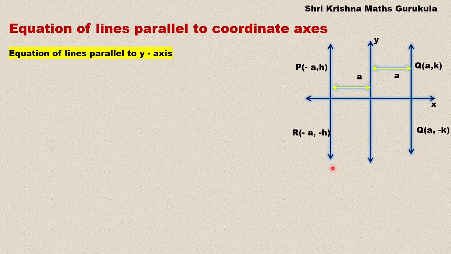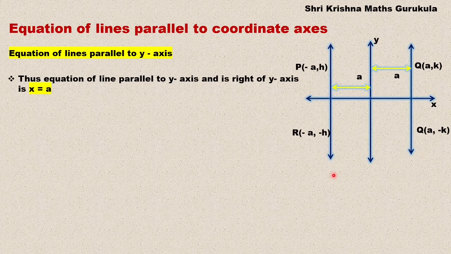Only the y coordinate will be changing. So this is minus a comma 1, minus a comma 2, minus a comma 3, minus a comma 4, minus a comma 5. Here down below, minus a comma minus 1, minus a comma minus 2, minus a comma minus 3, and so on. So again, this as a common property, we will find the equations.